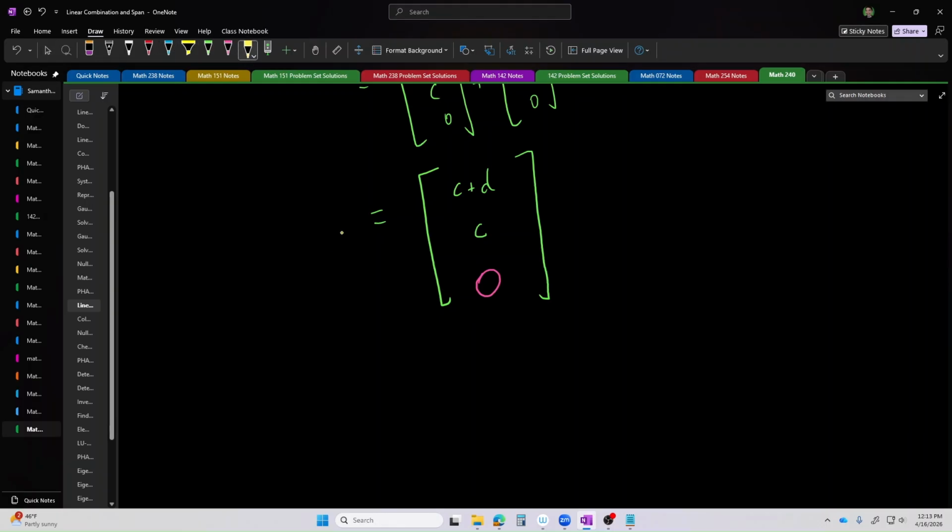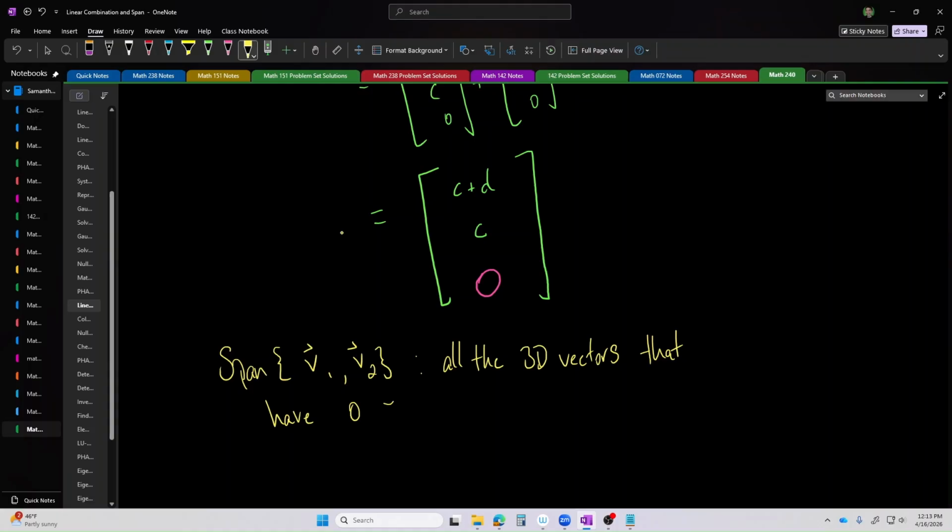So what I could write is that the span of the set of these two vectors, this v1 and this v2, I would describe as all the 3D vectors that have 0 for the z component.